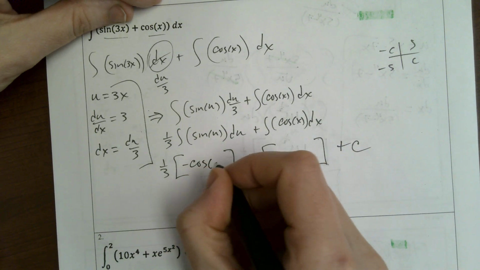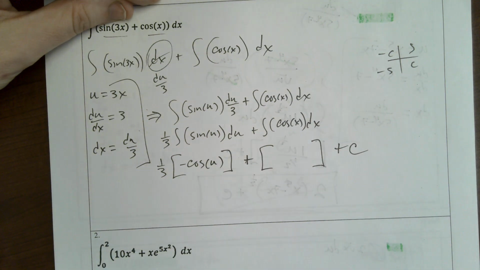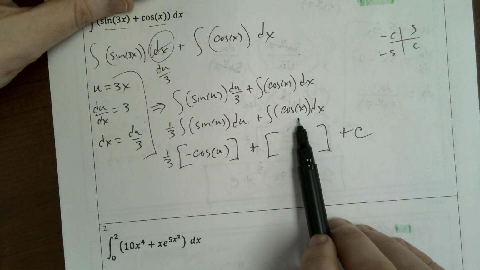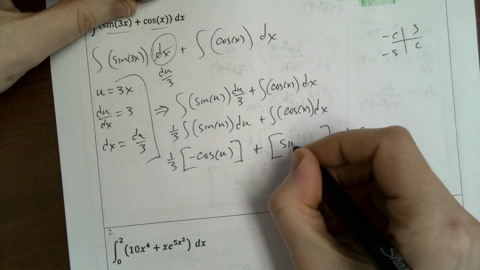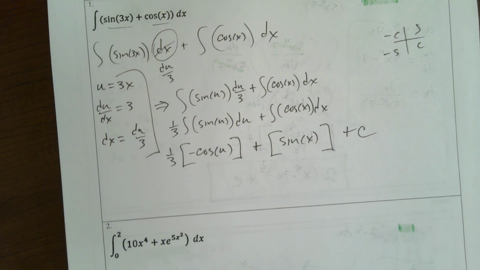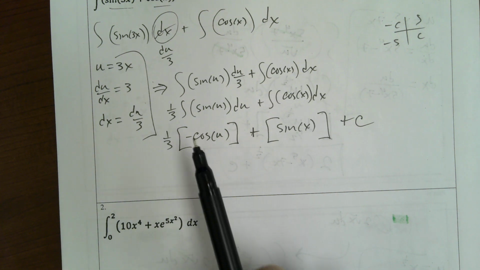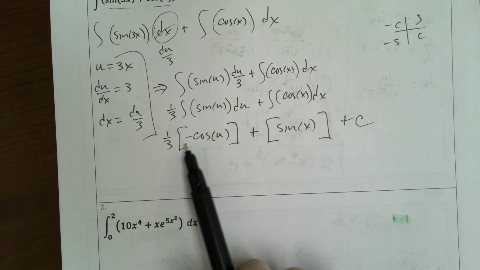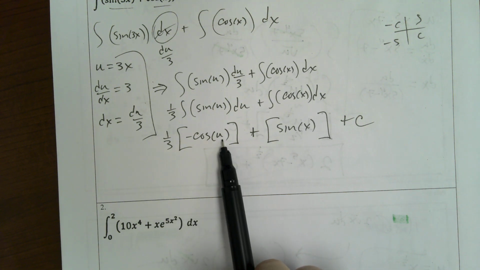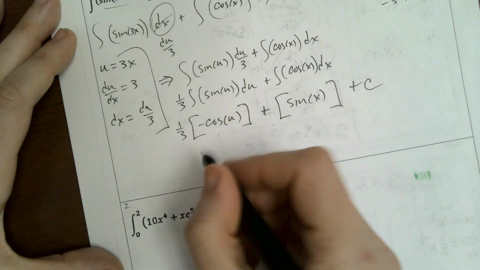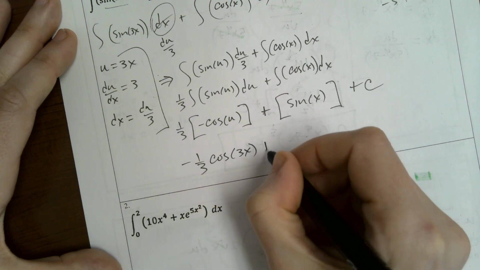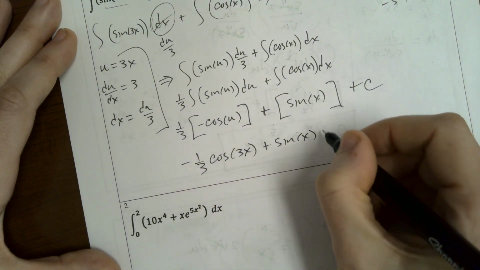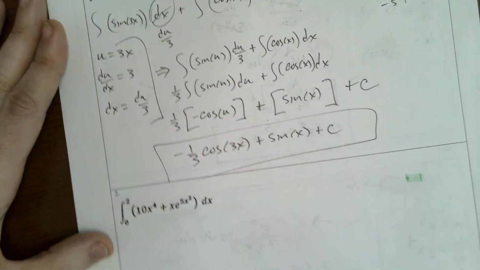So negative cosine of u. And then the antiderivative of cosine is sine. Sine of x. Okay. Now in the last move, I'm going to have negative 1/3 because of that. So negative 1/3, and then I'm going to put the u back in. So u is 3x.